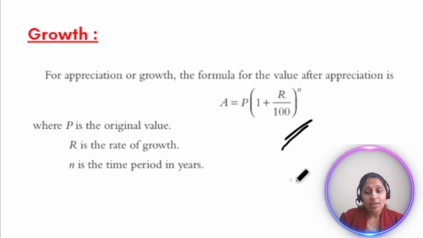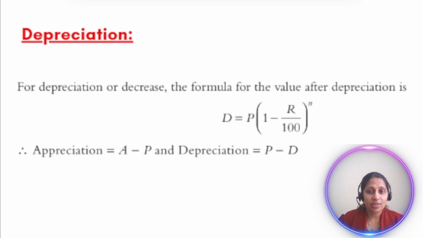Okay, and for depreciation, it is just the same formula, but the only thing you have to change here is a minus. Depreciation is P times (1 minus R by 100) to the power of N. So since appreciation is more than your principal, this is the final amount that you are getting.